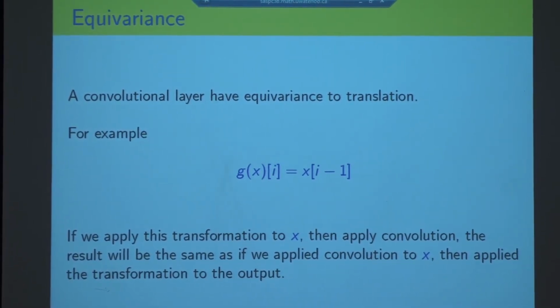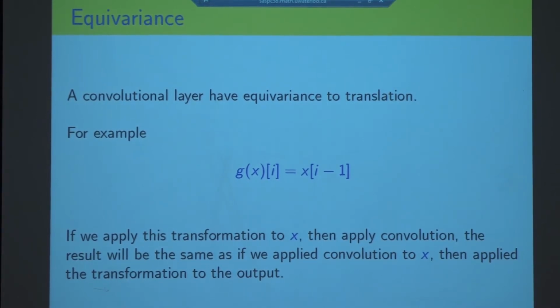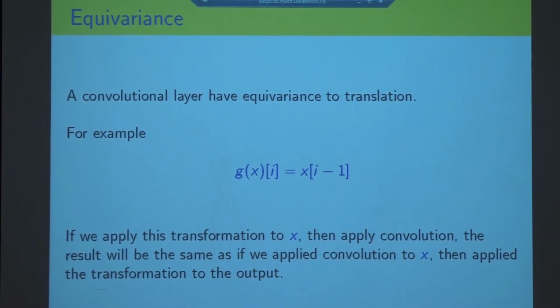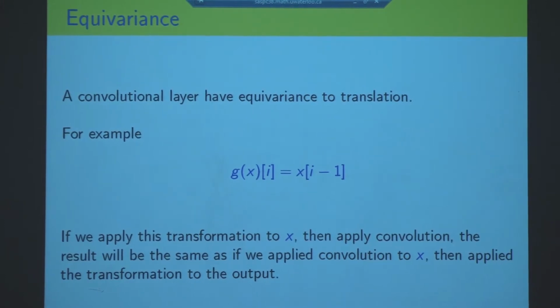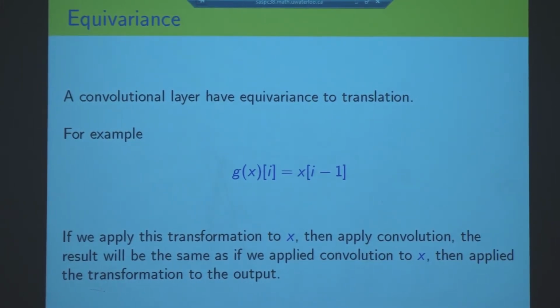Okay? So why it's important, remember the example that we had for elephant, that we had a kernel function that we convolve with the image of elephant, and the output was a feature map that shows edges of the original picture. Okay?